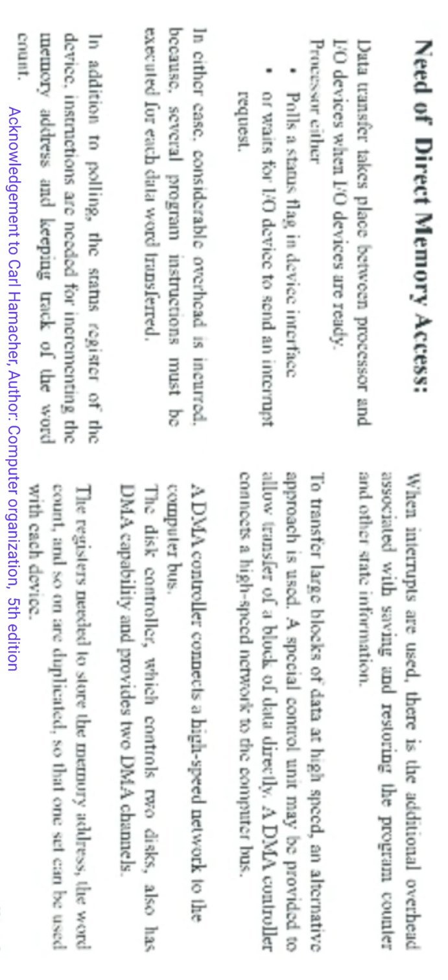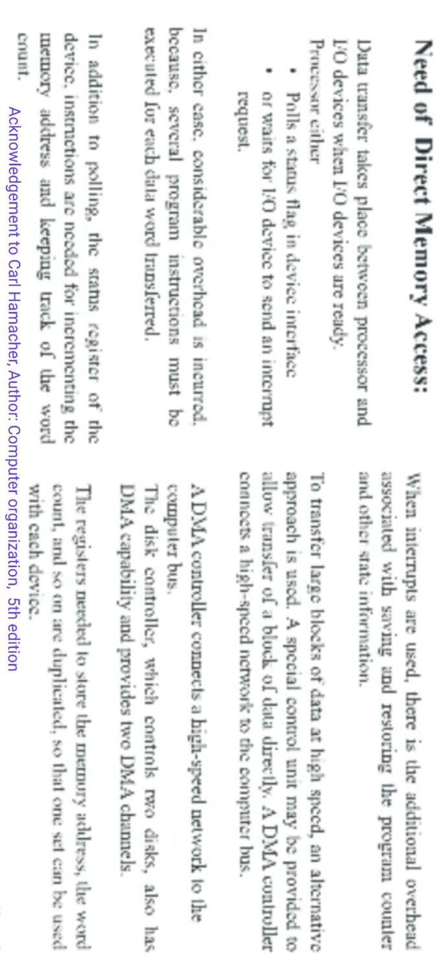Then what is the need of direct memory access? There are totally three modes of data transfer between main memory and external devices. The first one is polling, the second one is using interrupts, and the third one is DMA transfer. In polling, the processor has to continuously check, that is poll, whether the devices are ready or not.